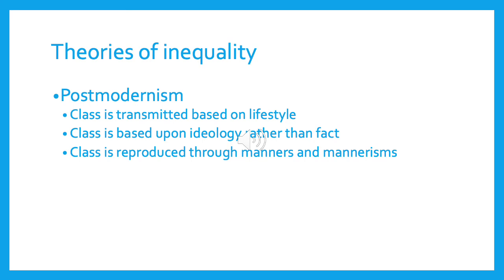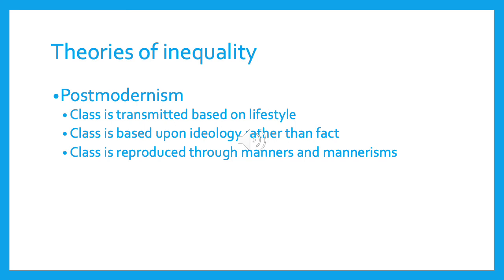And so for postmodernists, class is transmitted by transmitting lifestyle. Lifestyle includes everything I like to do, the way I like to live, my manner of living. So perhaps my lifestyle includes taking 2 vacations every year.